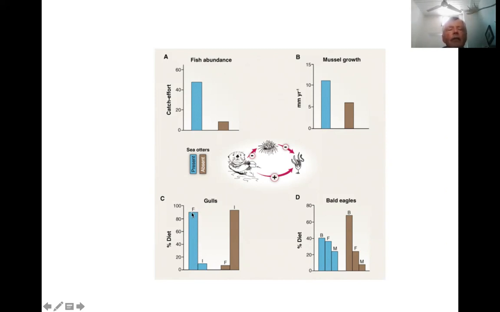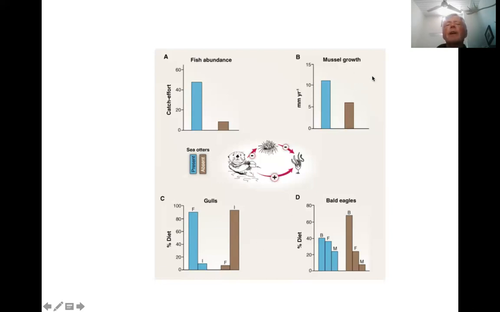That's what the F is here, okay? So the proportion of the diet of gulls in these places where otters are abundant is about 90% fish, 10% invertebrates. When the otters are lost, it flip-flops, about 10% fish or even less to almost entirely invertebrates. So the effect of otters on the gulls is through their diet, and it essentially changes these gulls to behaving like effectively different species.